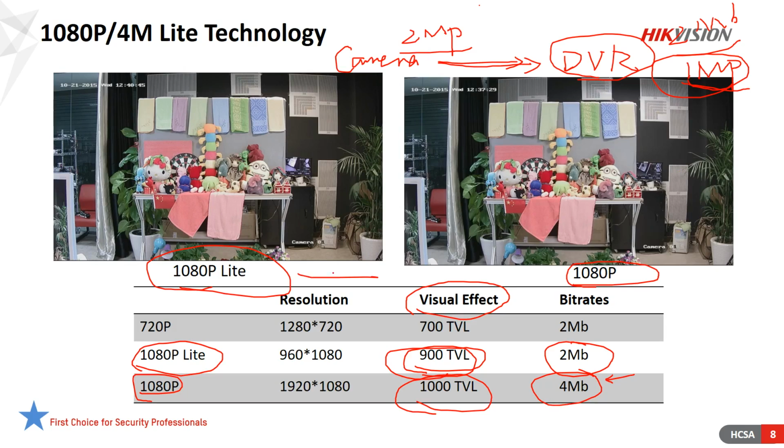See, almost the same quality, right? This is a function realized on the DVR side. It's going to make sure that the bit rate coming in is very low, but the resolution and the quality are almost the same. That's why this is a good function.